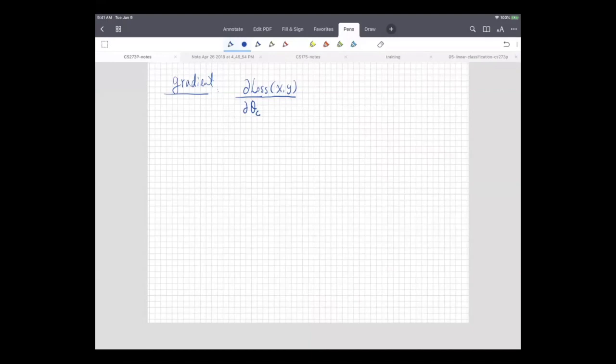Let's do something simple: consider the derivative with respect to the first set of parameters, the first vector. The loss function will be y dot log of the softmax of theta dot x.